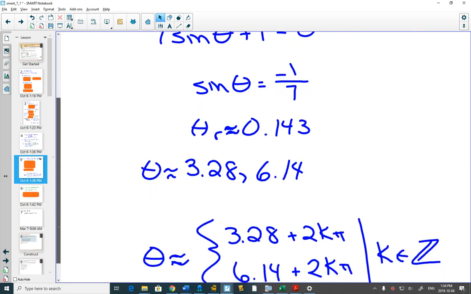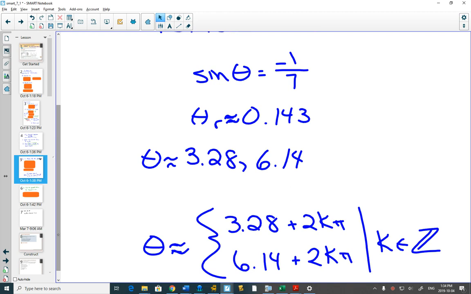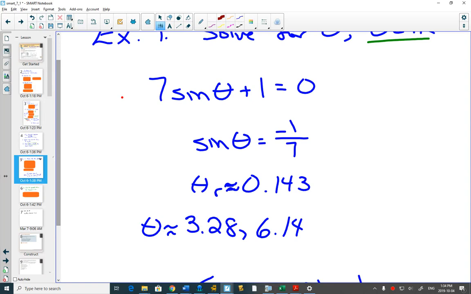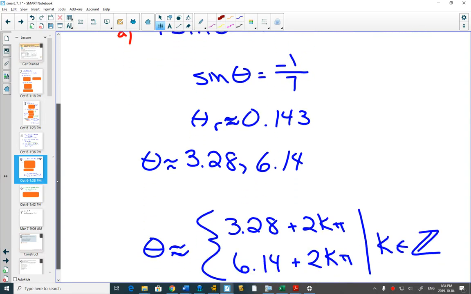So then how do we write our final answer? We take our answers that we have between 0 and 2 pi and just add 2k pi. Did I write this as example A? Here, we'll call this A because we're going to do one more.